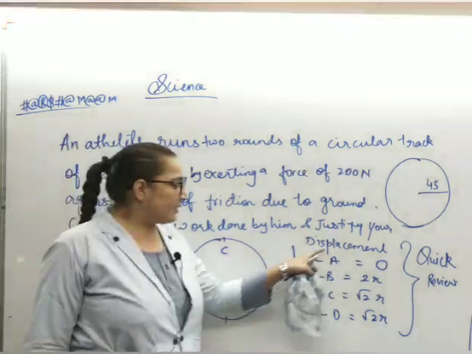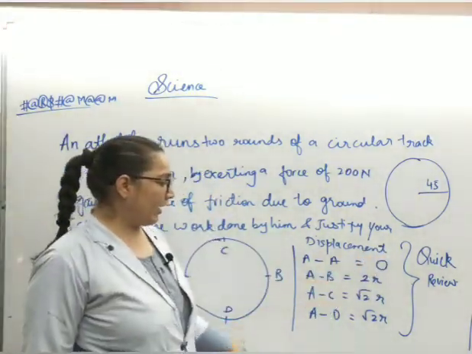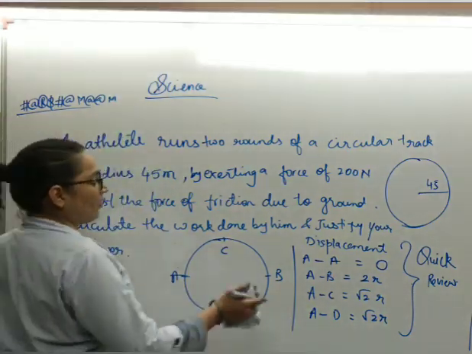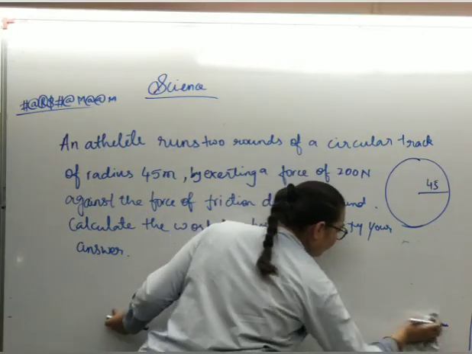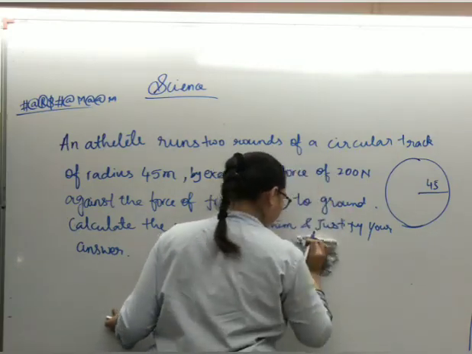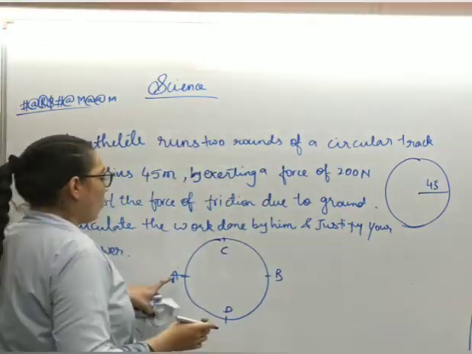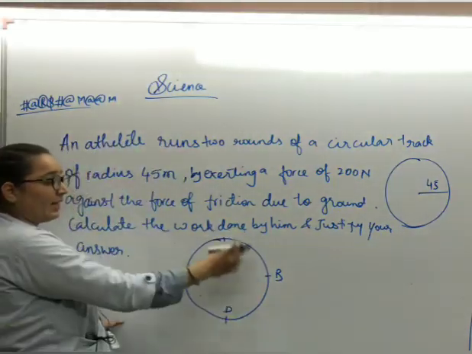Quick, note down this displacement: A to A 0, A to B 2r, A to D as well as A to C, it is root 2r. Now let us have a look over here. Here he is going from A to A, one round and second round.